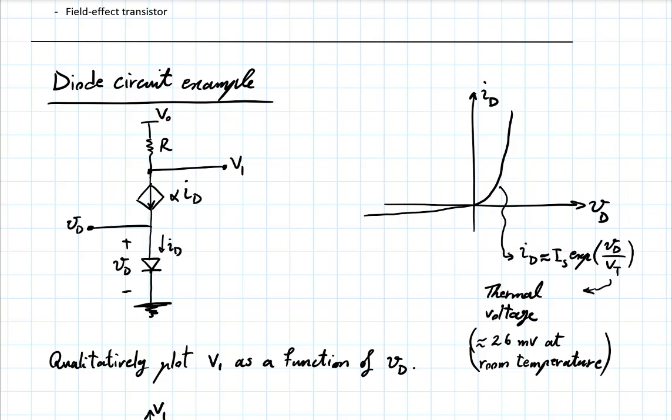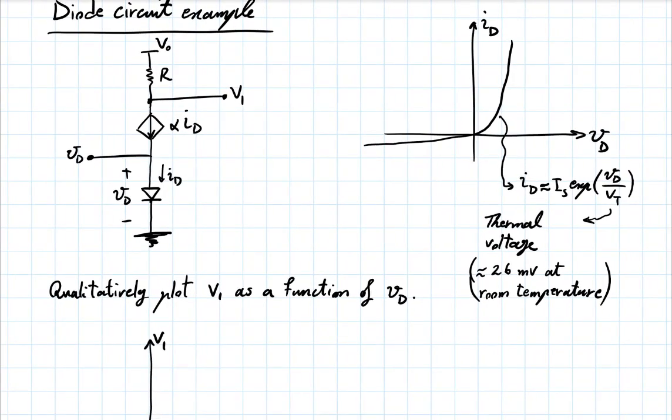Assume that this reverse saturation goes on the way I've drawn it. And obviously I've exaggerated it there, right? Because you know that in practice this is a very small current. This is the reverse saturation. It's a very small current, and goes for a long time until you reach that breakdown. But for now, let's neglect breakdown.